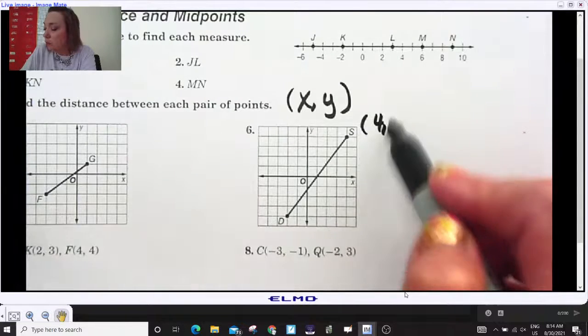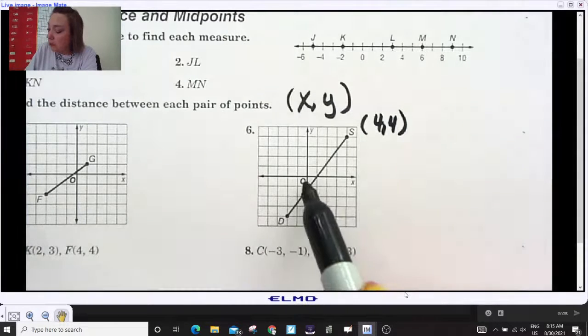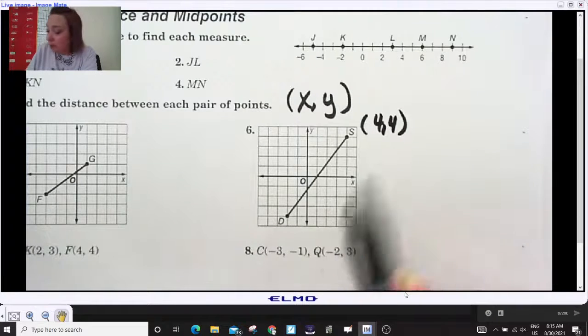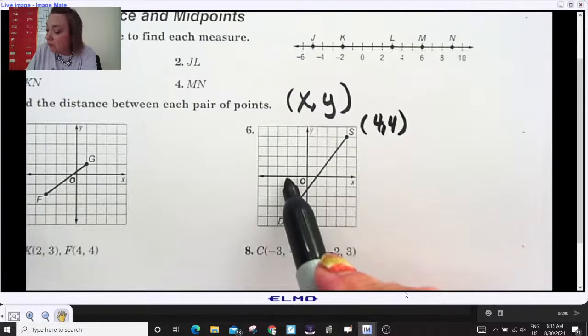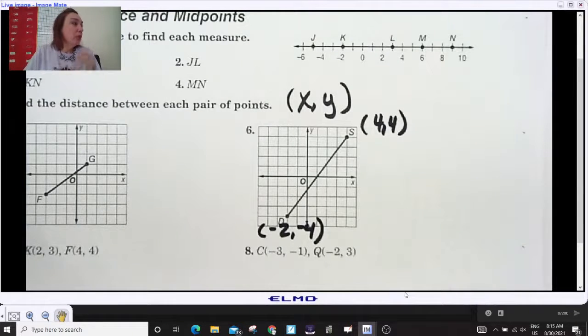Look at that. 4, 4. That's our point. And then our point for D is going to be negative 2, negative 4. So those are our 2 points.